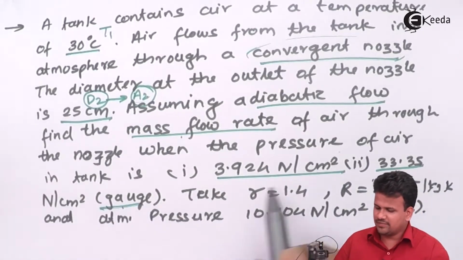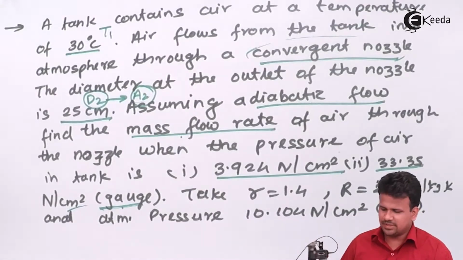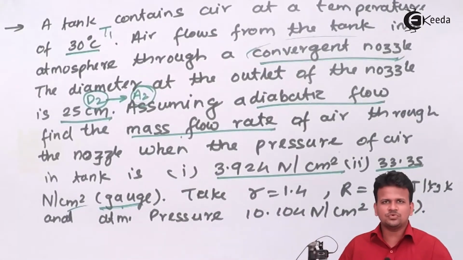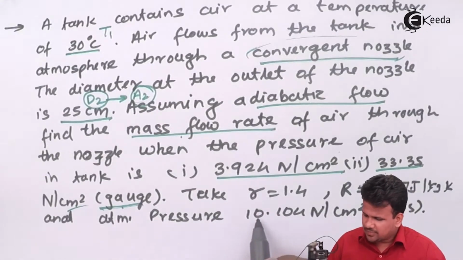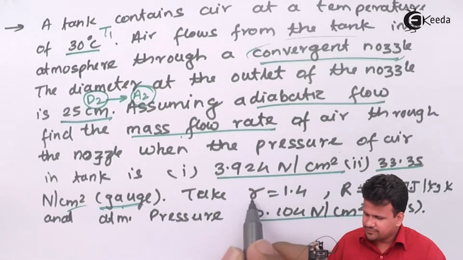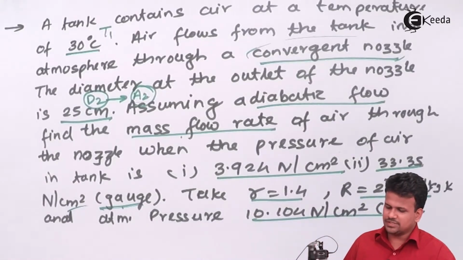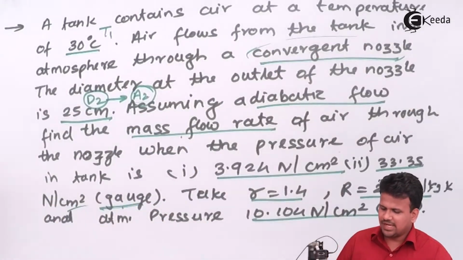Both pressures are given as gauge pressure and both are in newtons per centimeter square. This means we have to add atmospheric pressure to the gauge pressure. Here atmospheric pressure is given to us, as well as the value of gamma and R. So all these values they have given to us.